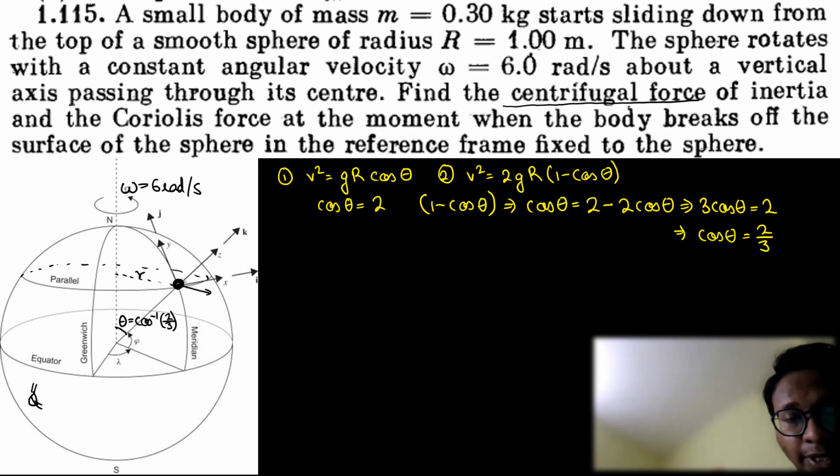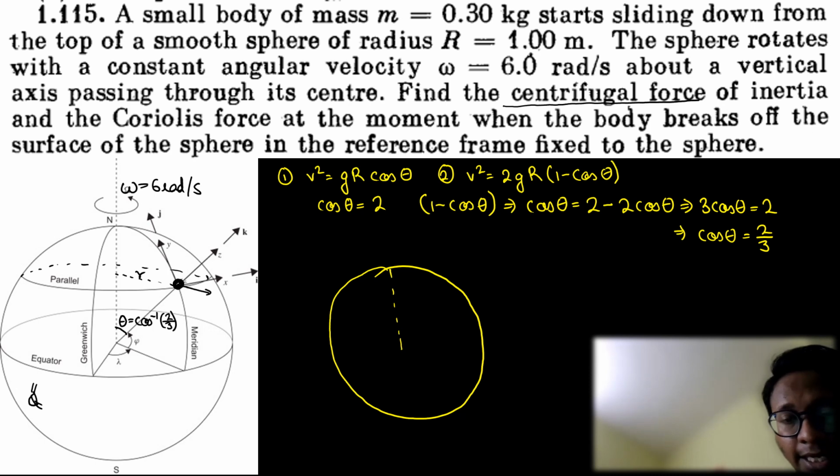So if I draw this sphere in 2D, out here is radius r, out here is radius r. The ball is slipping out here when theta is equal to cos inverse 2 by 3. This ball, as seen by the frame of reference of someone sitting on the sphere, is rotating around this axis.